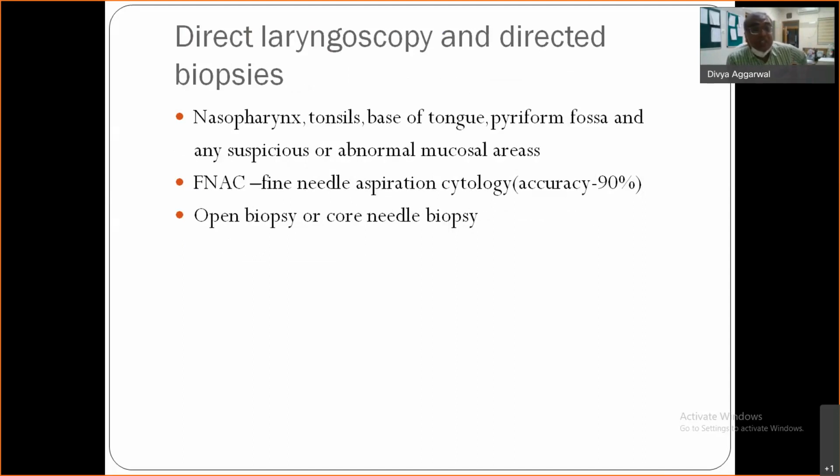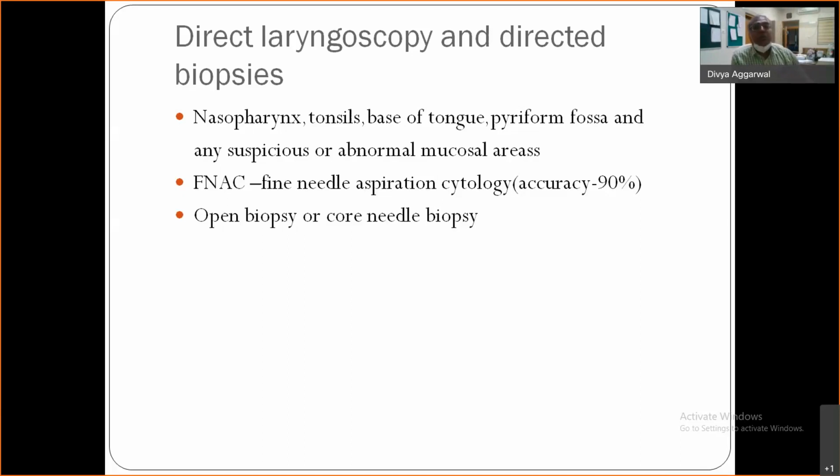These are the areas from where you would suspect that the tumor has arisen. You can do a tonsillectomy even for that.